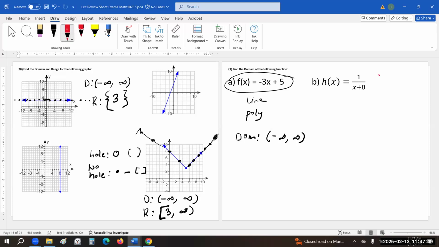The second one is rational. And rational has one problem: the denominator. Our denominator cannot be 0.